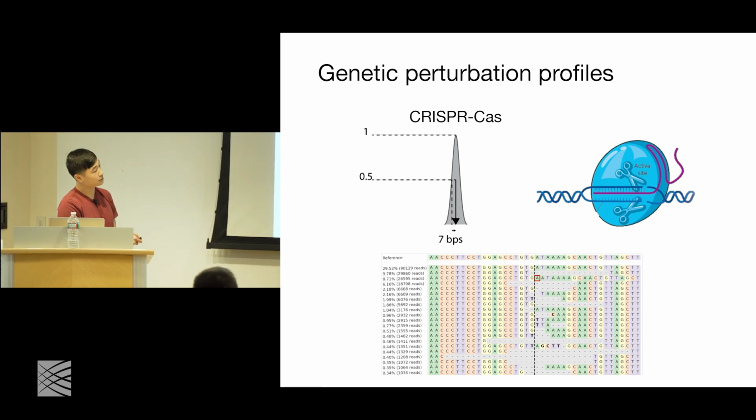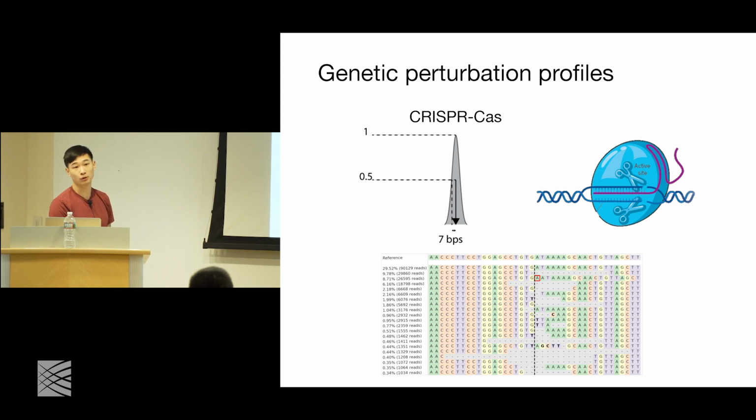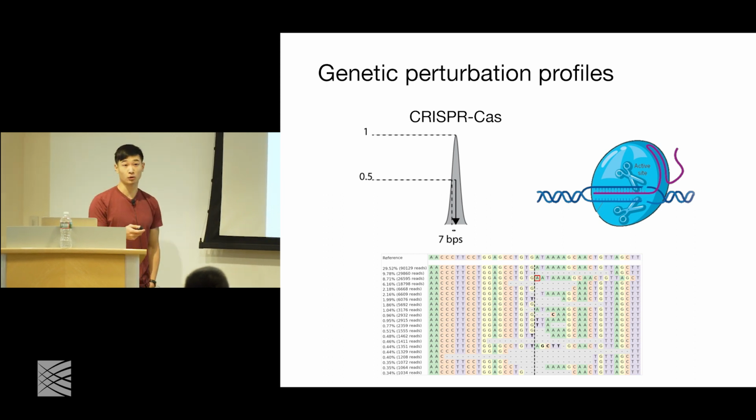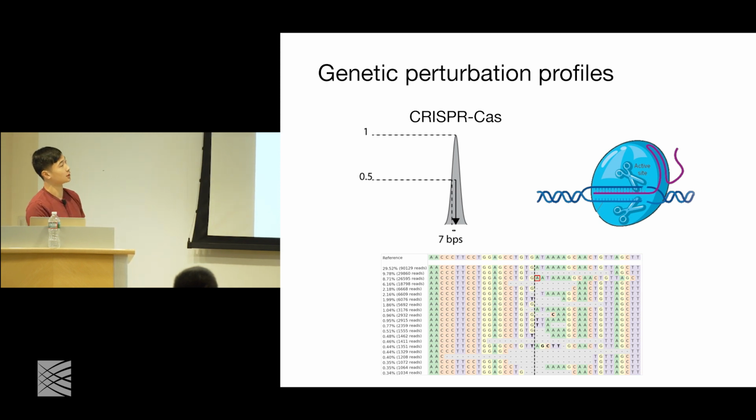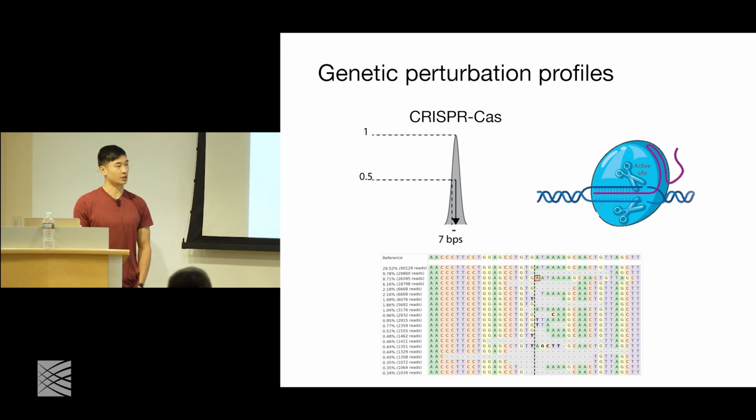So how we try to get at this complexity at the genotype level with just a single readout, the guide enrichment score, is we propose this general perturbation profile for different CRISPR technologies.